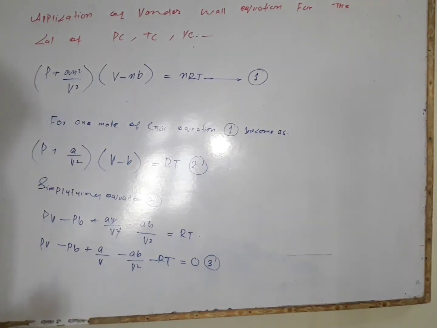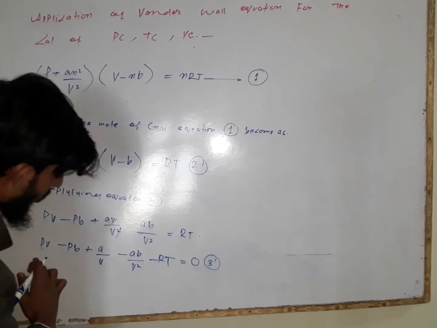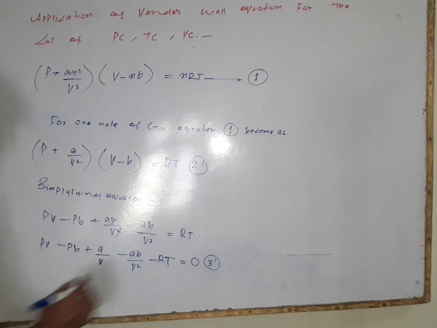Now we will multiply V squared to this whole equation number 3.